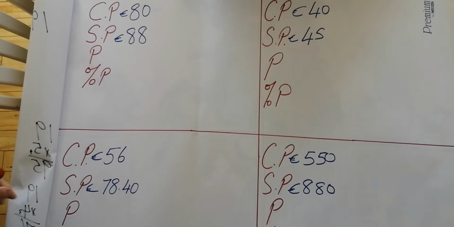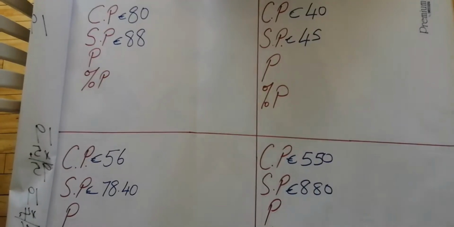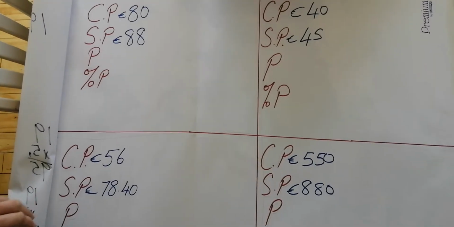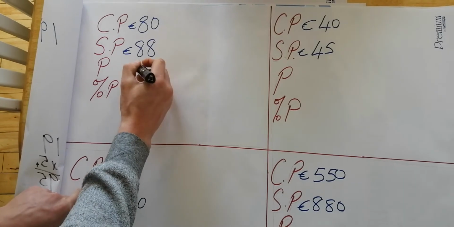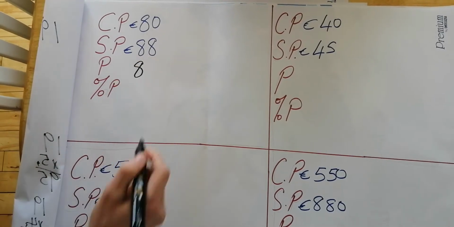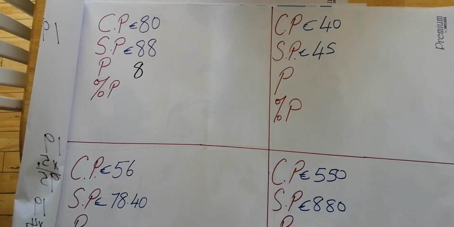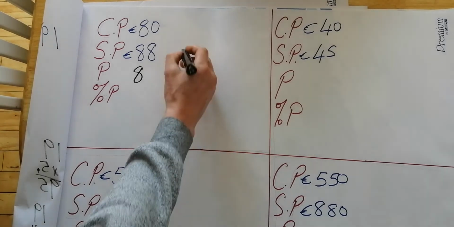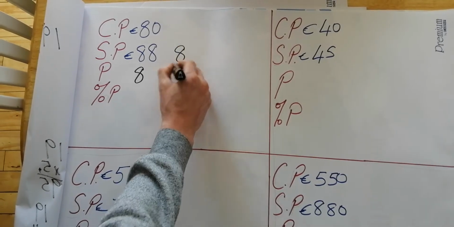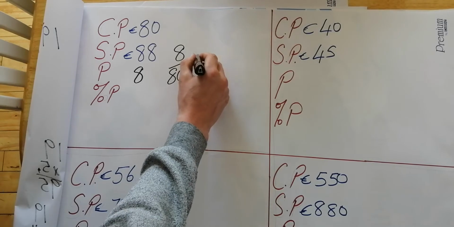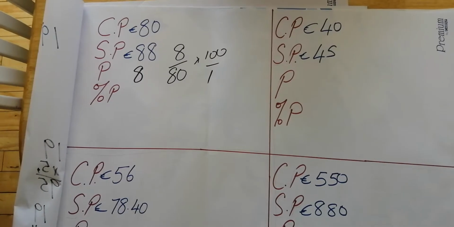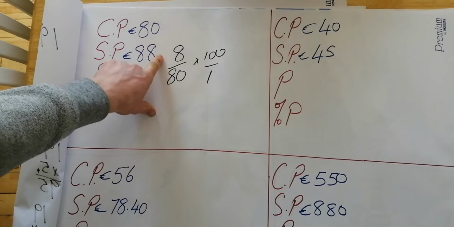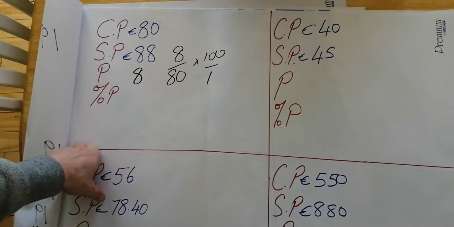Okay, so you should have the questions done by now. And right, here we go. So the profit is obviously €8. And of course the formula is profit over cost price. So I can see straight away that that's going to be 1/10, which means the answer is going to be 10%.